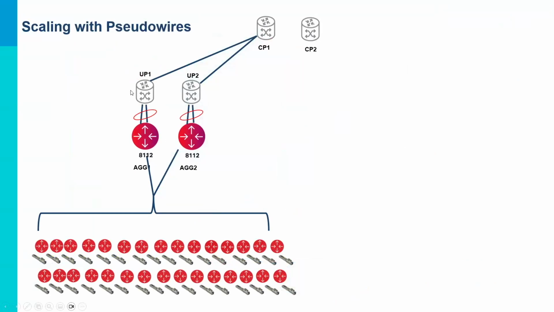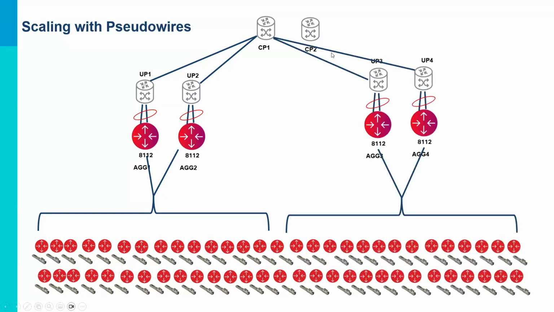Now, the nice thing about scaling with pseudo wires is that you can break your network into different parts. So this aggregation device is learning all of the MAC addresses of all these devices. Depending on the device that you have here, your MAC learning tables may be limited. And so if you're starting to reach the limits of your MAC learning table, what you can do is deploy another set of UPs and another set of aggregation devices.